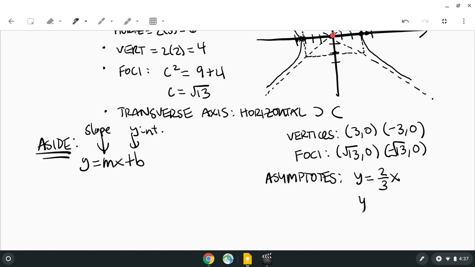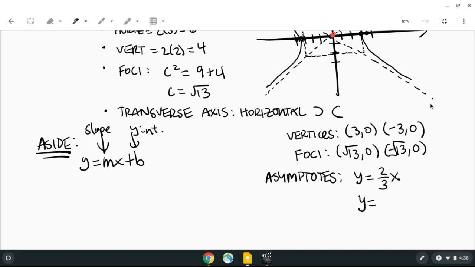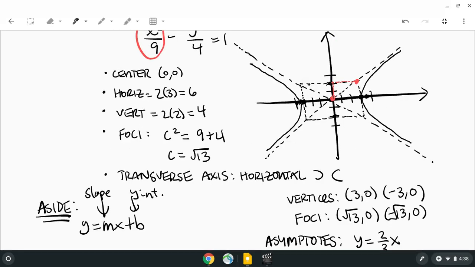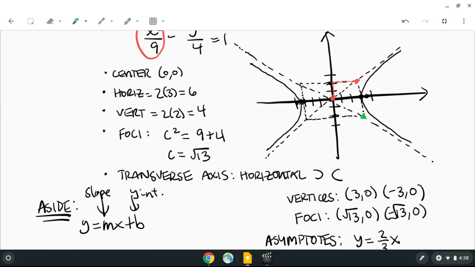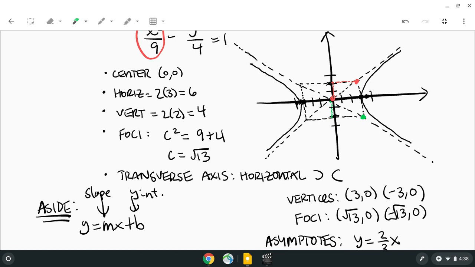Let's do the negative line. We see that the y-intercept is also 0, so b is going to be 0. Let me get a different color. I'll do green. I'm going to use this point on the line. So rise negative 2, run 3.